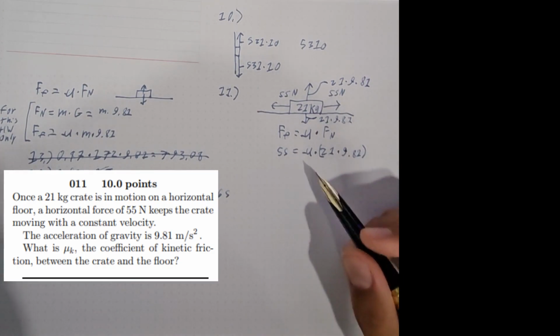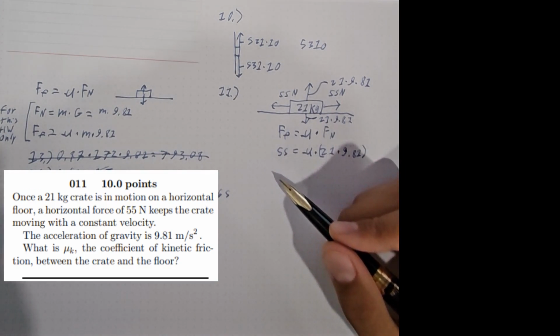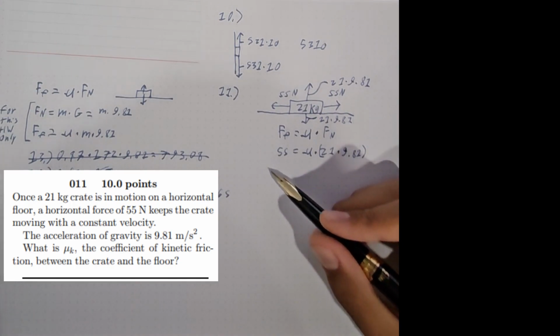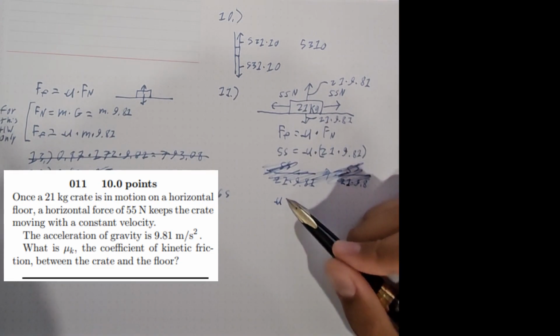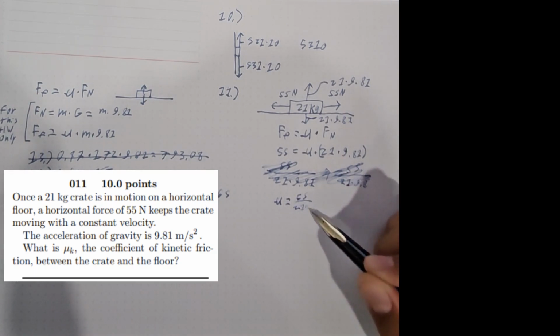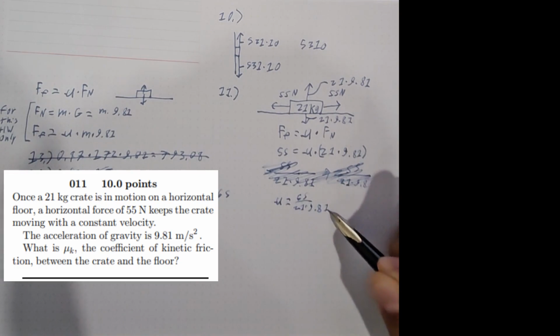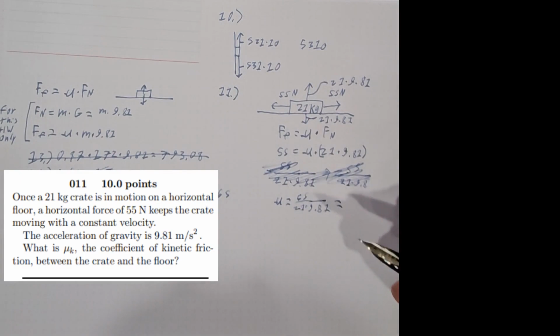So the answer for this problem is going to be 55 over 21 times 9.81, which is equal to 0.267.